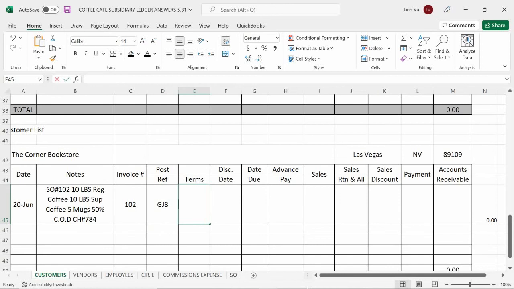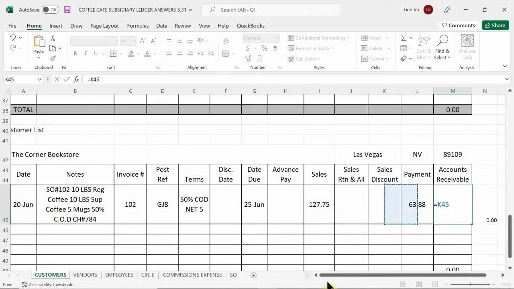And then 50% COD, net 5. And due date is June 25. And sales is 127.75. And then payment is 63.88.